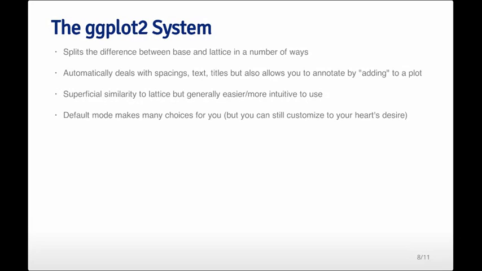The ggplot2 system has a lot of defaults, and if you can accept them, it's quite handy. But you can always customize them if you don't like what the defaults are. If you know how to use the lattice system, the transition to ggplot2 is not too difficult, although there are some differences that I'll talk about in the lecture on ggplot.